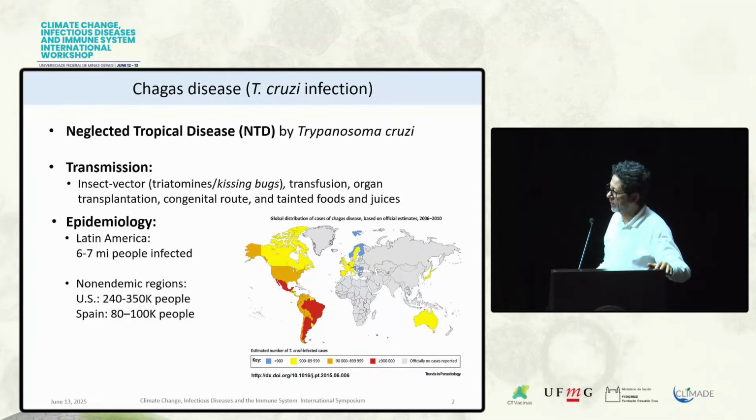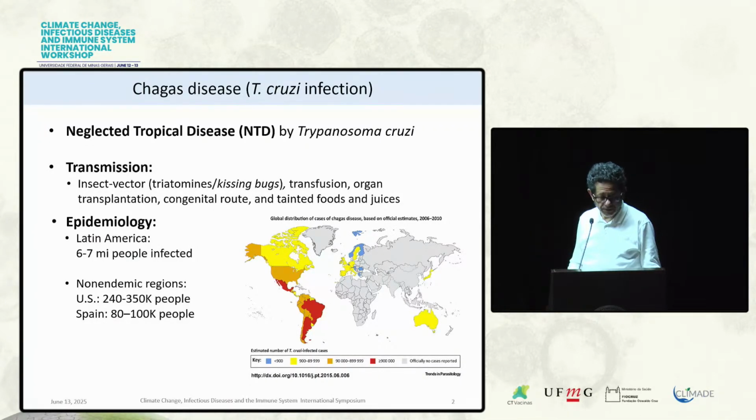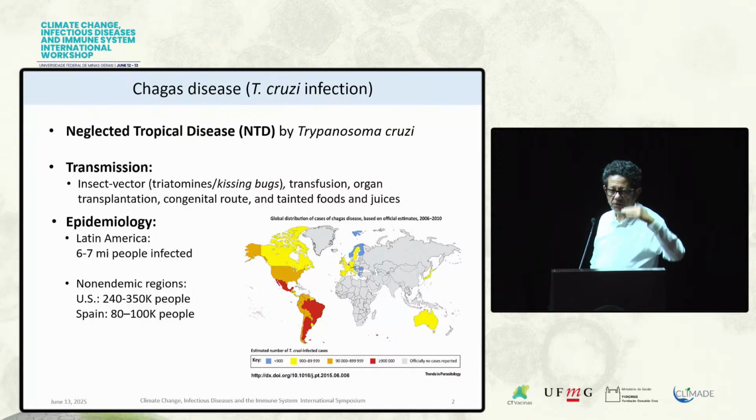I think probably because the insect can now be found in very northern areas of the U.S., like they recently found in some place, I think New Hampshire or something like that, because of climate change.